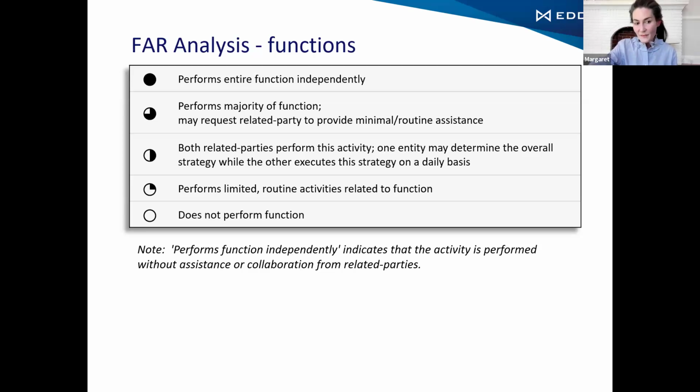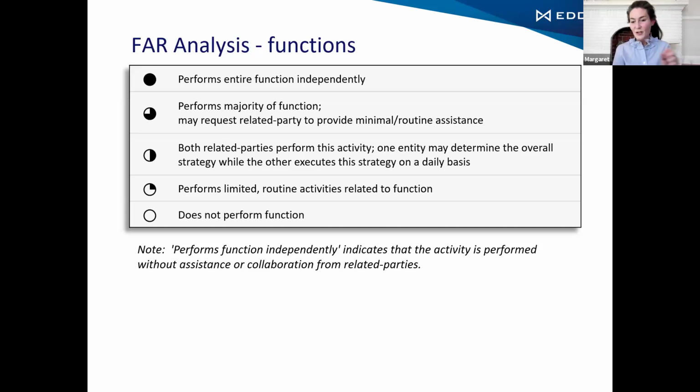This is how we did it, but I've also seen some teams put a big X if the entity performed that function by itself, and a small X if the entity was performing that activity along with its related party. I've seen 1 to 3 X's being used.